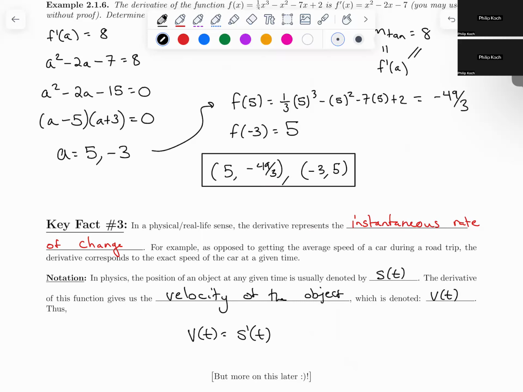We don't do too many application problems in this class, at least in my opinion, because that's what physics is for. That's what they're going to be testing you on. I don't need to retest you on physics, especially since physics will find different ways that are more clever to figure out these problems.